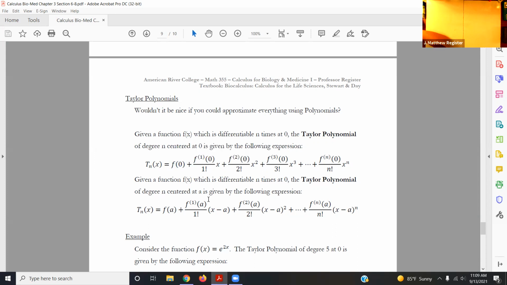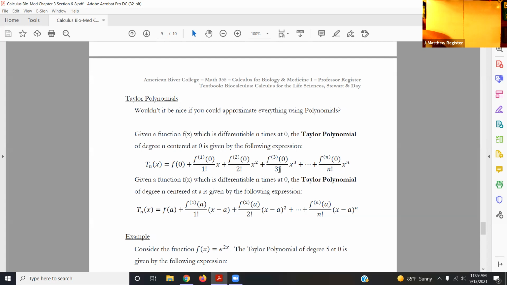Then we would ask, what's the first derivative evaluated at 0, and divide that by 1 factorial. Then what is the second derivative of the function? Divide that by 2 factorial. And then what's the third derivative? Divide that by 3 factorial. And so on and so forth, as far out as we want.